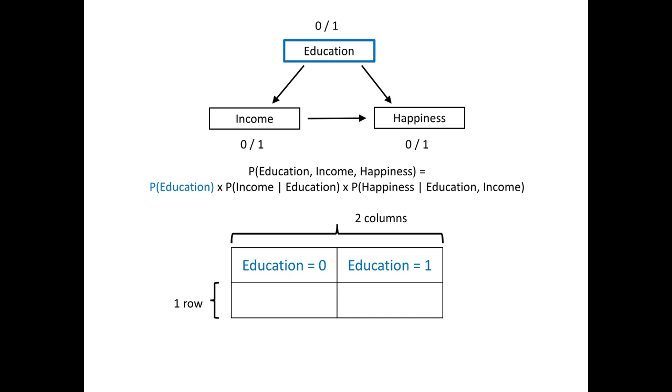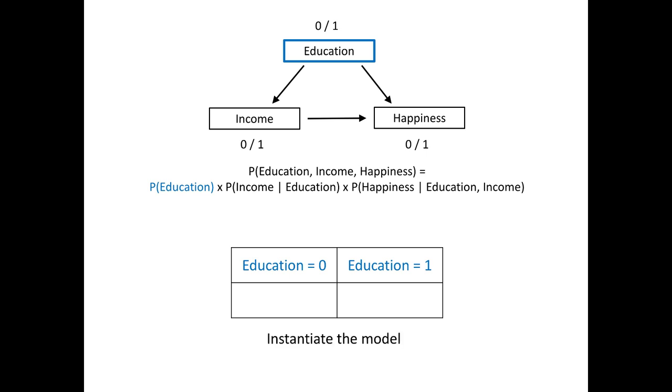Next, we have to assign probabilities to each of the values that education can take. This is known as instantiating our model. As seen in the table, when education equals 0, we assign a probability value of p. And given that the sum of the probabilities for all values has to be equal to 1, the probability for education equal to 1 is necessarily 1 minus p.